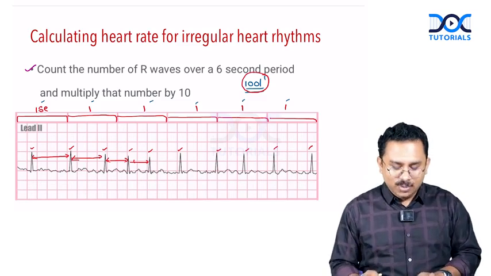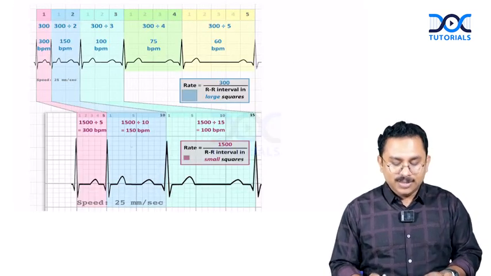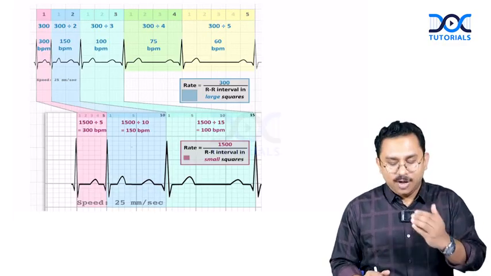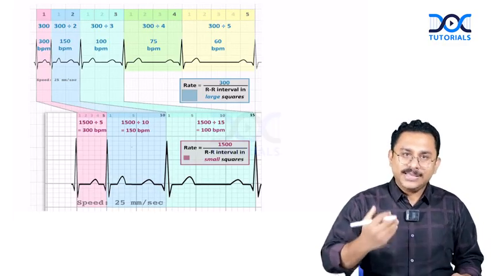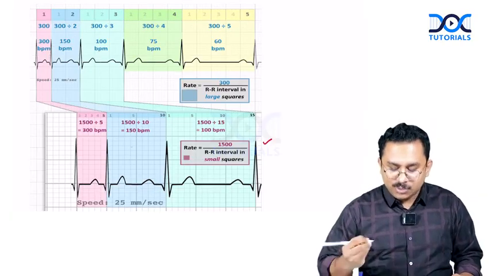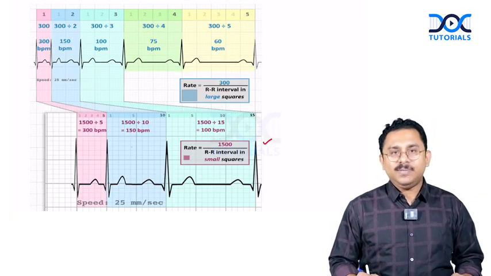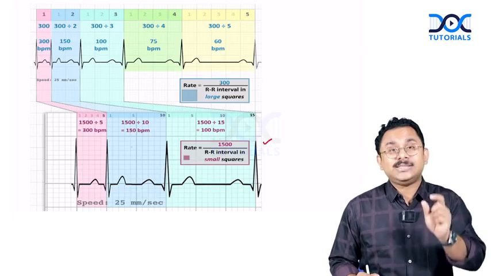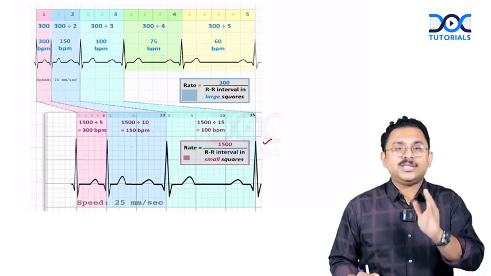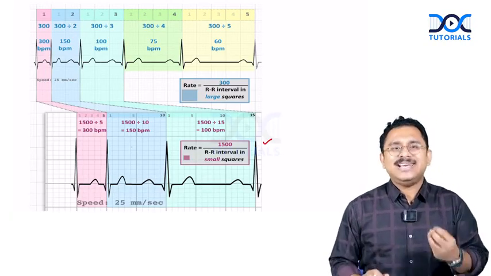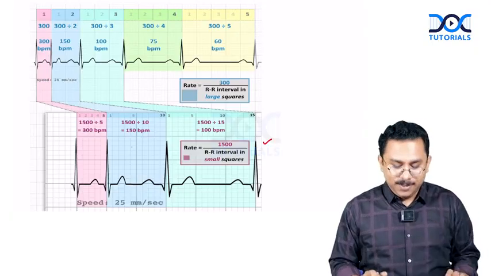So once again, to recap, if the rhythm is regular, it is 300 divided by number of large squares. At the same time, you can also apply another formula, which is 1500 divided by the number of small squares, not the large squares, number of small squares between consecutive R waves, and both these formulas essentially mean the same, right?